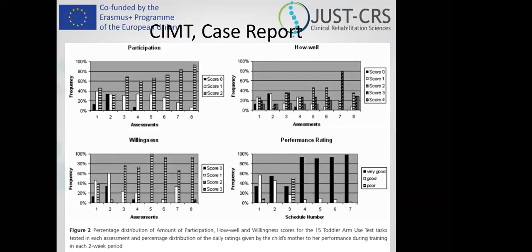In the last assessment, score 3, which is fair, and score 4, almost normal, were in 58% of the tasks. In willingness, from the 5th assessment there were no 0 scores. In the last assessment, there were no 0 or even 1 scores. A score 2 was in 92% of the cases, and score 3 in 8% of the cases.